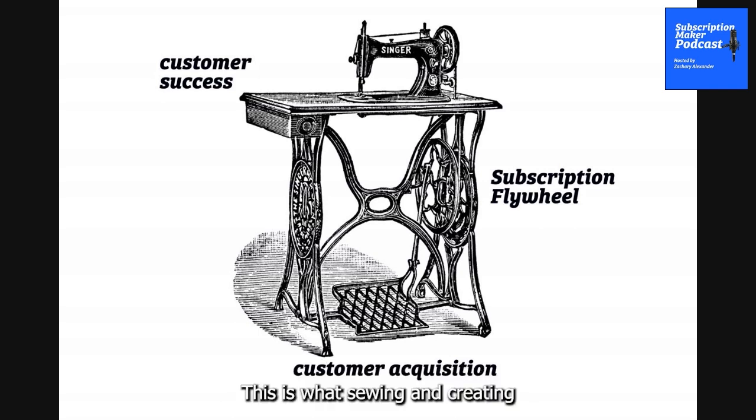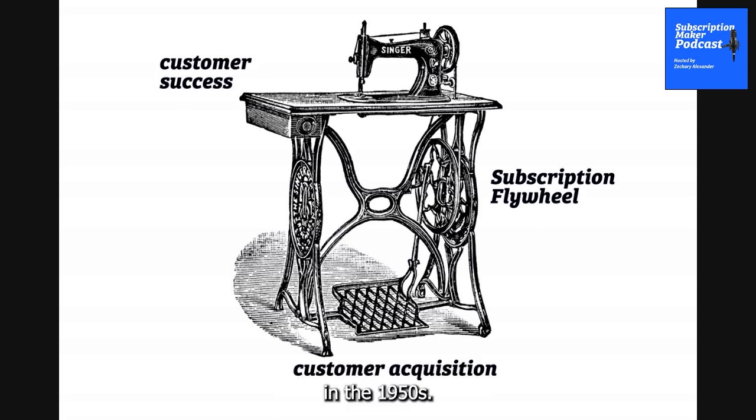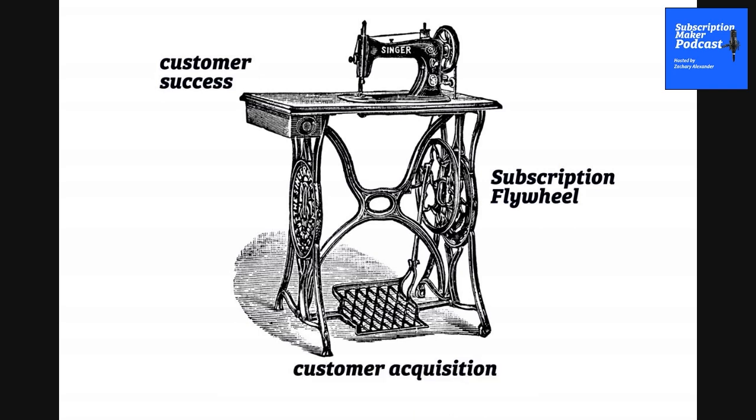This is what sewing and creating and making fashion looked like at the turn of the last century. When we were just getting into this, it looked like this actually mid-century, in the 1950s. The 1950s, this is how you created clothing for your family.